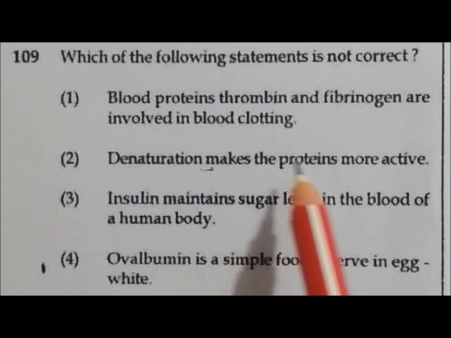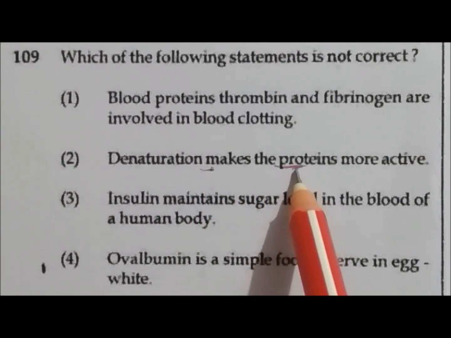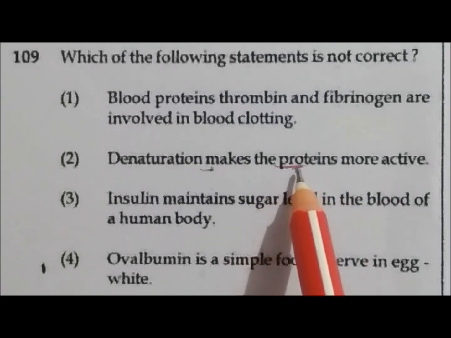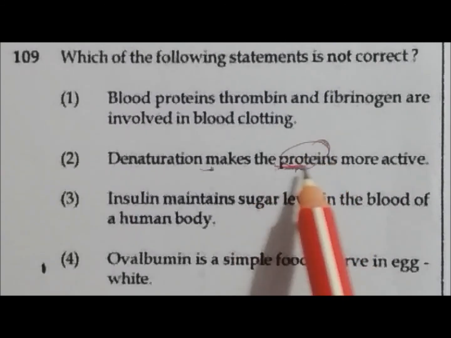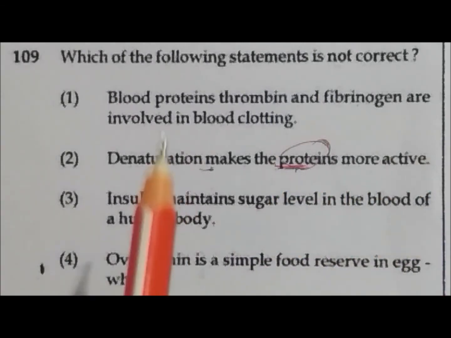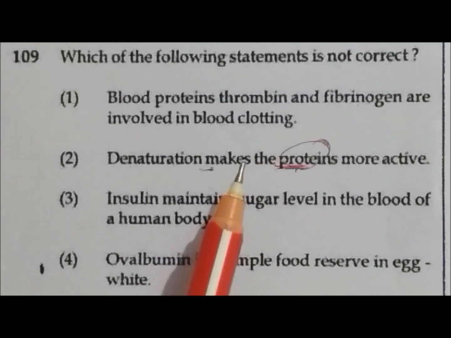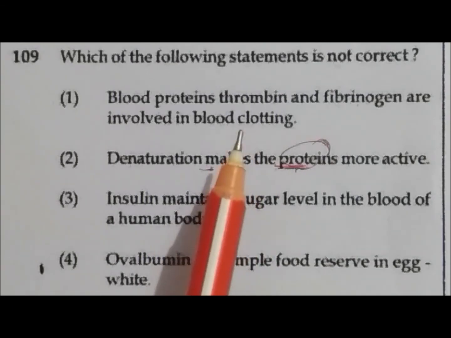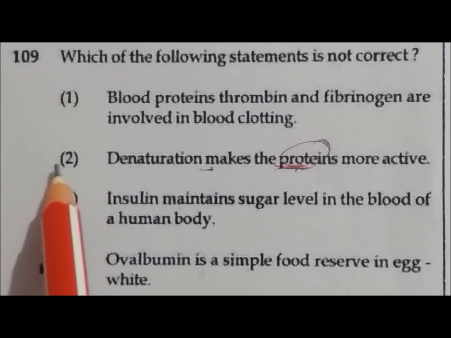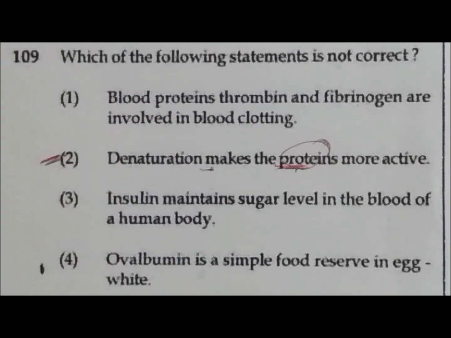The globular proteins unfold, and the helix uncoils. So the proteins will lose their biological activity. It is not making it more active, it is making it inactive, because the biological activity of the proteins is destroyed by uncoiling and unfolding of the globular proteins. So this is the incorrect answer.